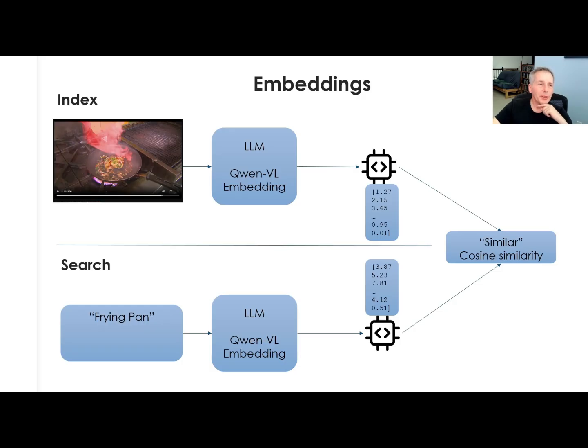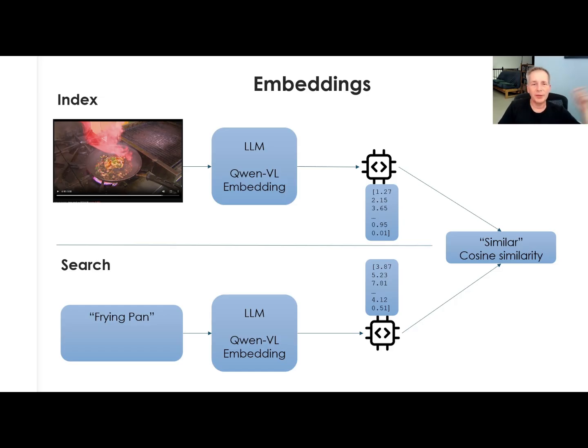Let's go back to the PowerPoint and explain again what happened here. I took a 5-minute video, and for each scene in this video, I created an embedding vector and stored it in a database. When I search, I take the text and also create an embedding vector, compare it to all the embedding vectors associated with the video clip, find the closest ones, and rank them.